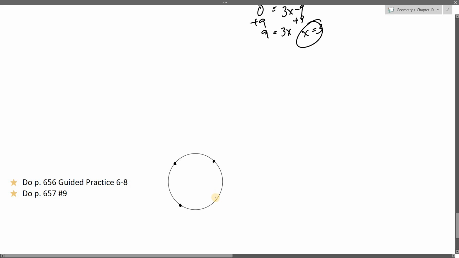So notice I'm drawing my diagram kind of the best I can, and you can't erase it. So here's your chord, goes like this. Here's another one, and it seems to be going like so, kind of a little bit scant to that. They're both 16. Now I need to read the question first.